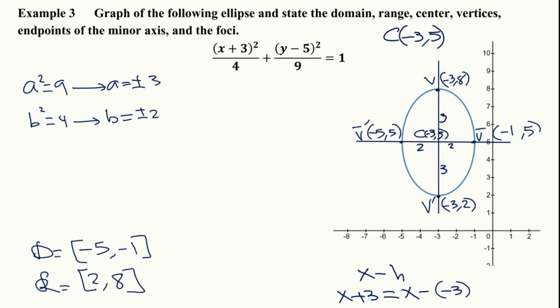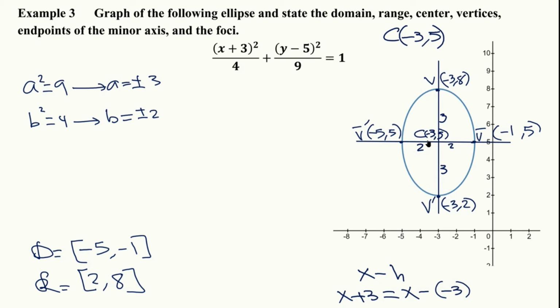And now we just have to find the value of c. Remember, this capital C is different from the c we're talking about. Capital C stands for center. We're looking for lowercase c, which is, in this case, the y coordinate of the foci.